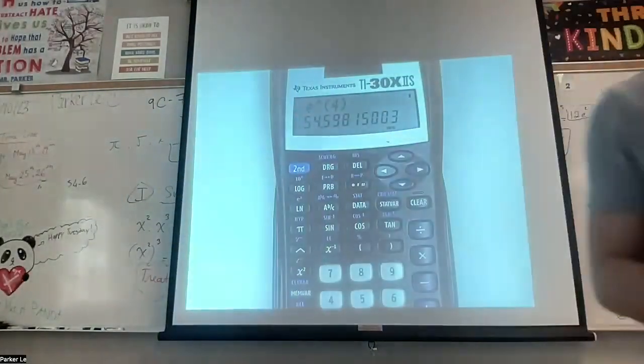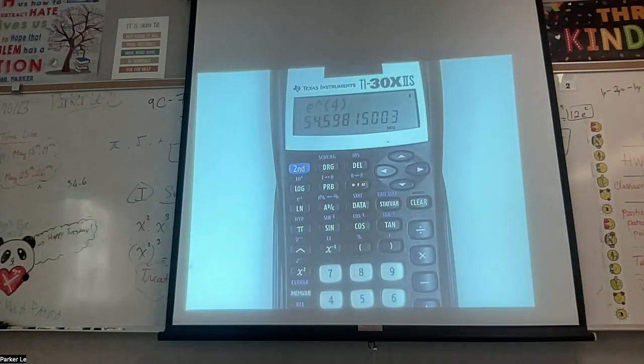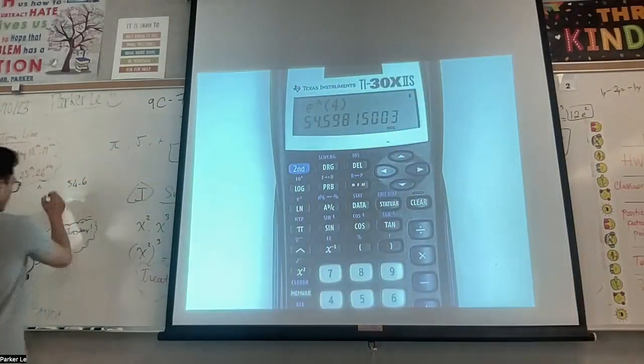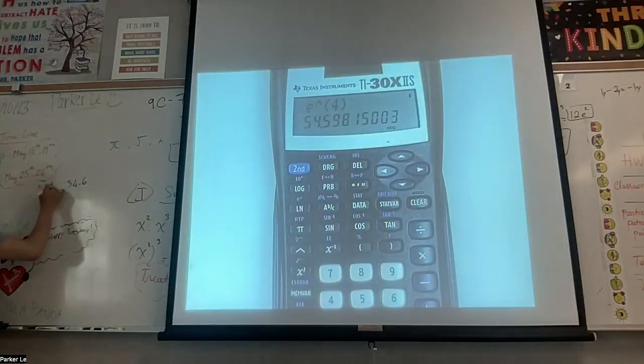Okay. Now, can you find me e to the 1/3? Give me the answer. What is e to the 1/3? 1.4. Did all of you get 1.4? All right, good.